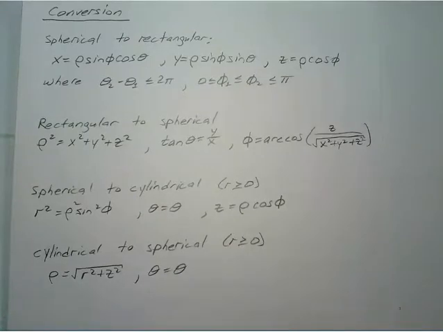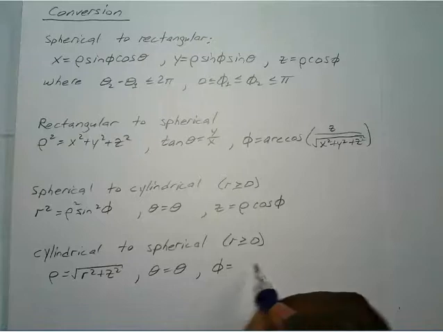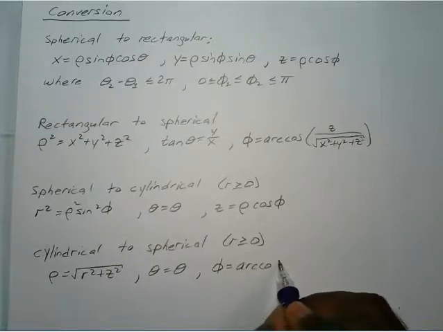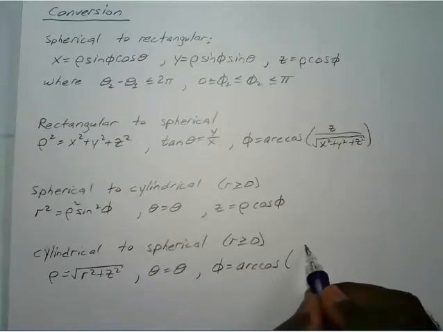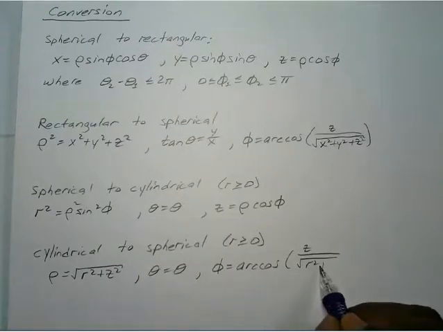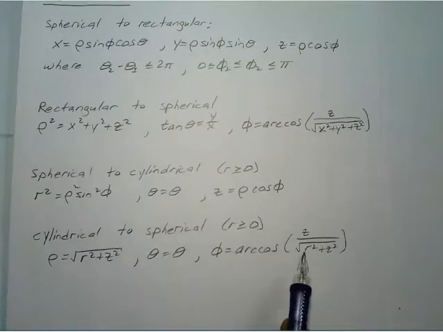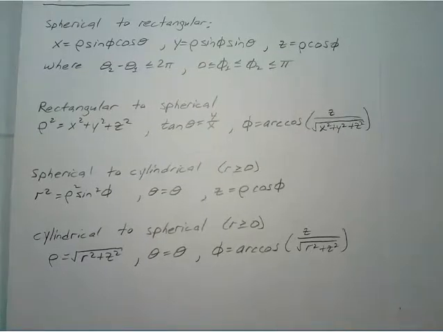And our theta would just equal theta. And our phi will equal the arc cosine of z over square root of r squared plus z squared. Okay. Remember, your radius, r squared, is just x squared plus y squared. That would be r squared. So, if you ever need that little tidbit in order to convert, you want to remember that.